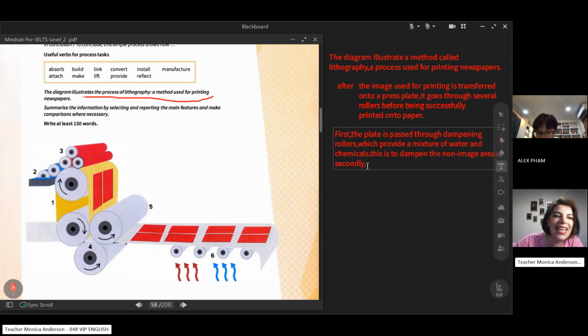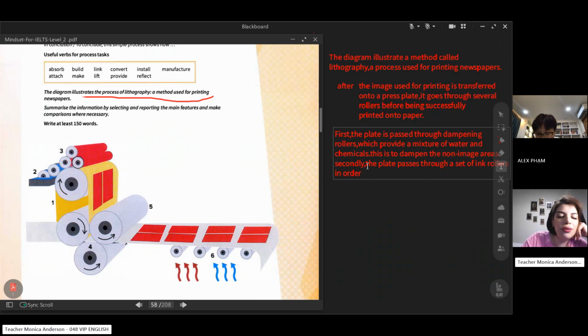the plate again. The plate passes through a set of ink rollers. They are rollers, and of course they are ink rollers because we're going to print something. So why?